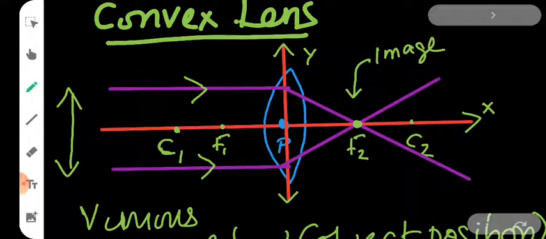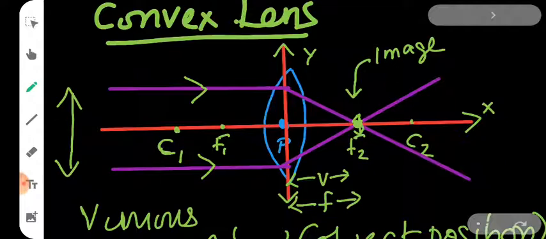Now the image is over here, and the distance of the image from the lens is v, and you already know F2 is at a distance of f. So your image is formed at the focus, and the image distance v is equal to f.